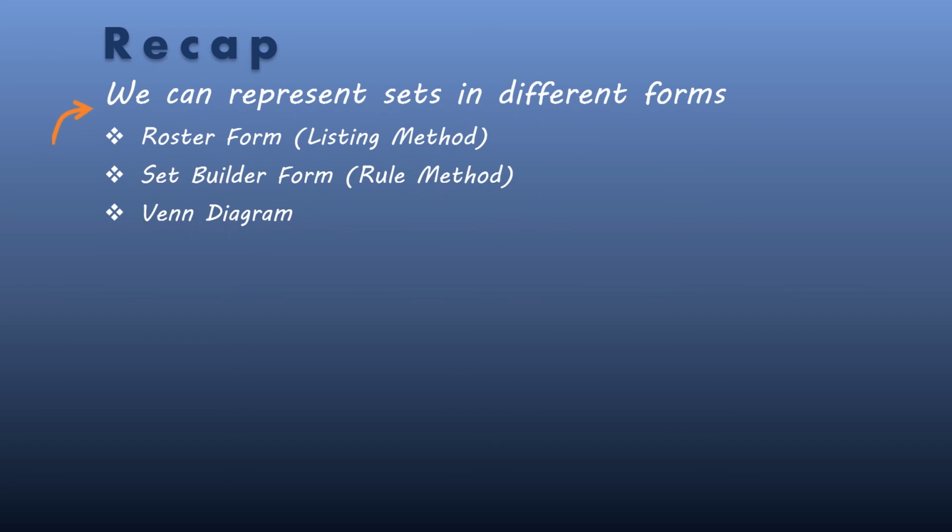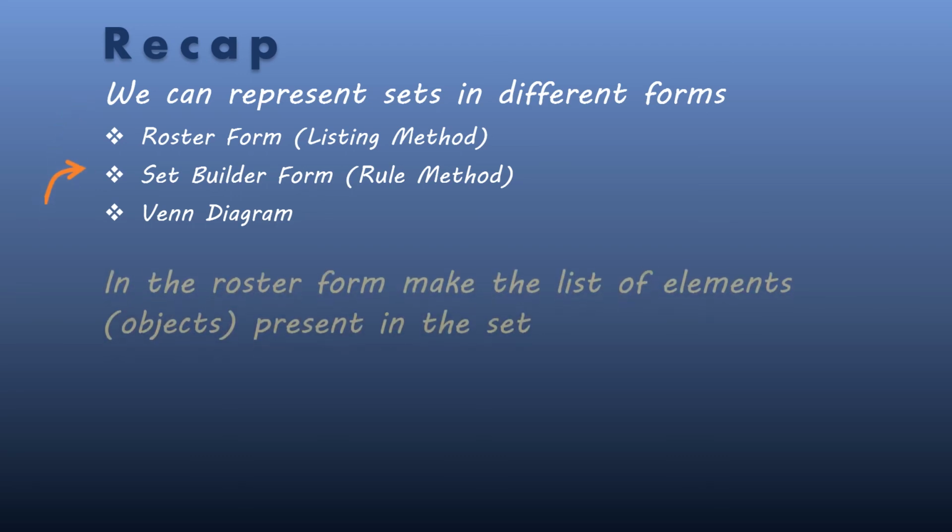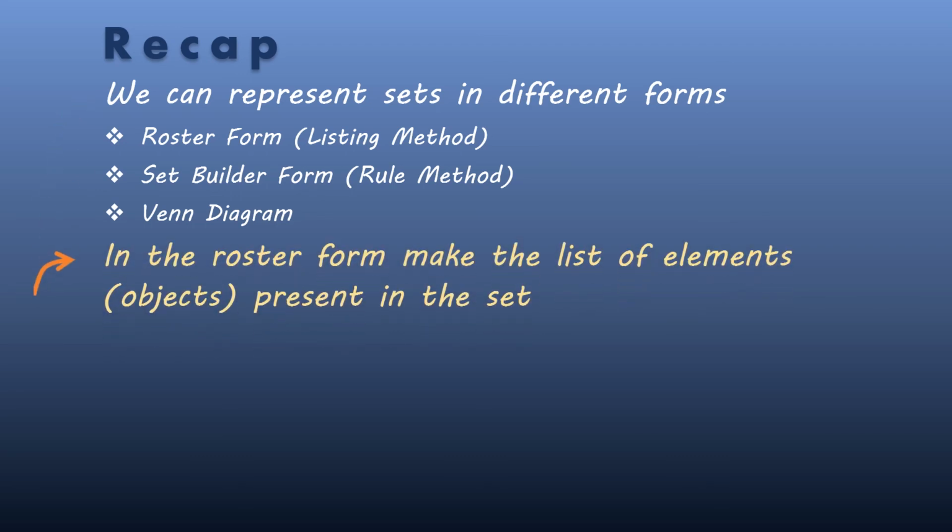We can represent sets in different forms: roster form or listing method, set builder form or rule method, and Venn diagram method. In the roster form, make the list of elements present in the set.